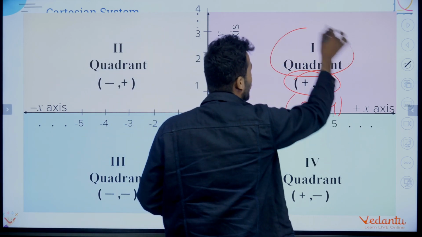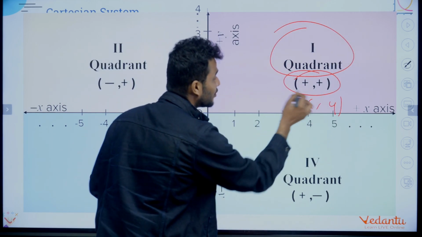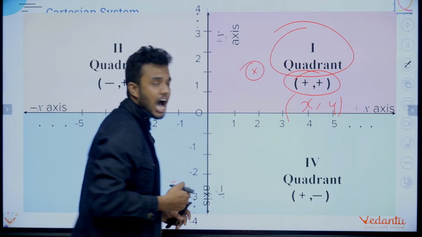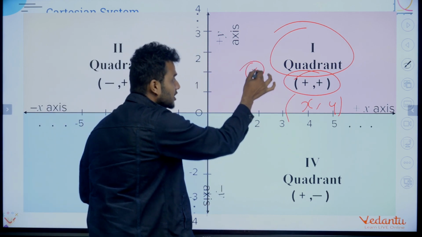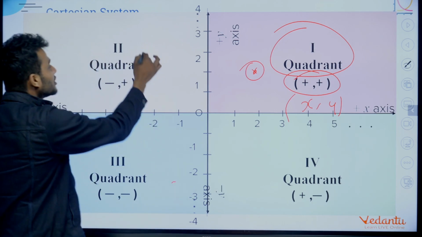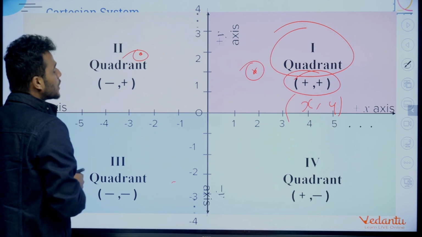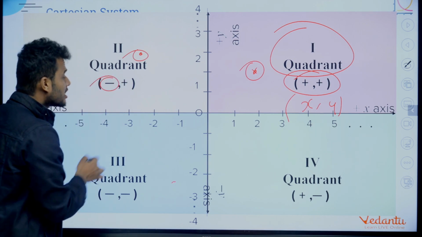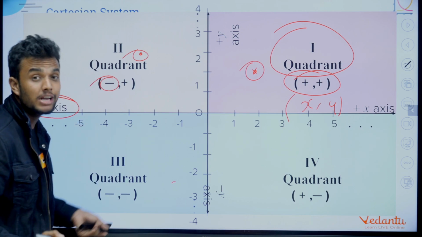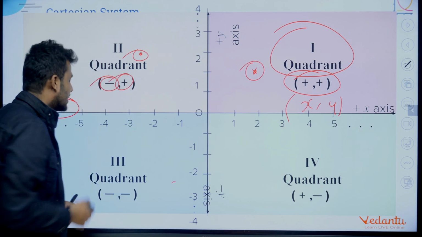In the first quadrant both x and y are positive. If the point lies in the first quadrant, both have positive sign. What about the second quadrant? In the second quadrant, the x value becomes negative. Here the negative x-axis is there. That's why the x value becomes negative and the y value becomes positive.